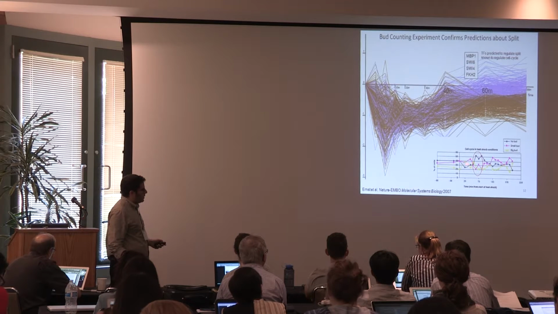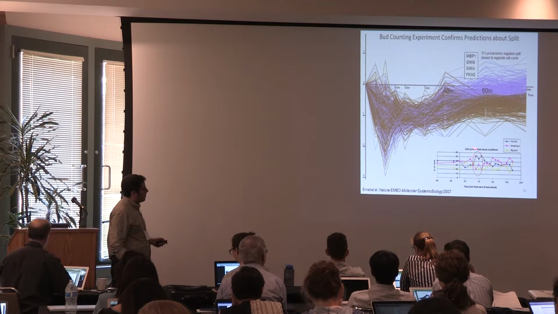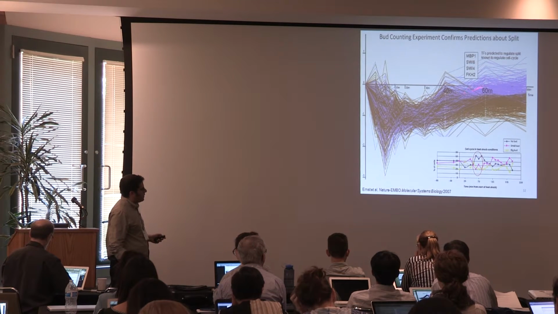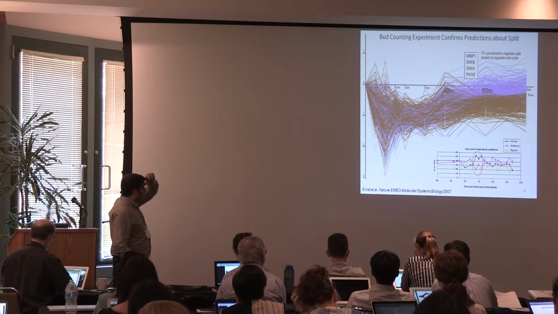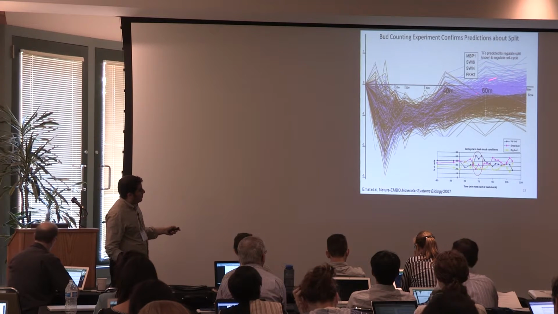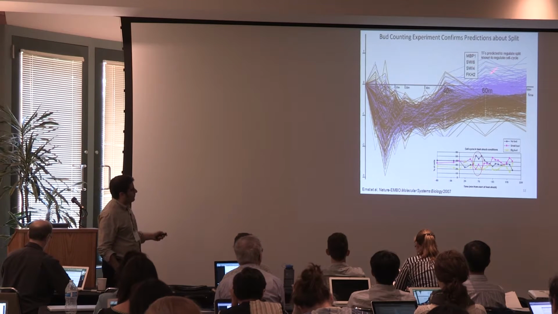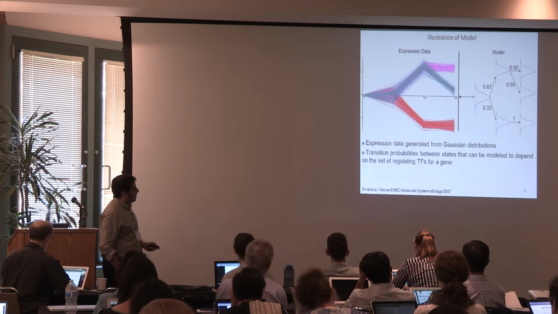It turned out that there was a spike in the no buds at the same time. This was reflective of a resynchronization of the cell cycle after recovering from the shock of the stress. So this is an example of how you can model this and then also get experimental confirmation of what you're observing.